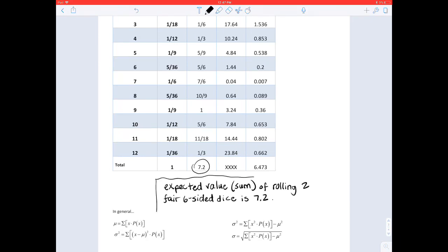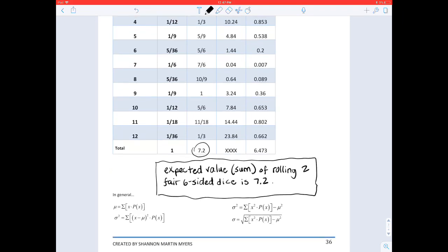So why do you think in craps a 7 is bad when you've got a bunch of chips on the table? Well, because that's the most likely roll over time, right? If you roll 2 dice a bunch of times and record the sum of the roll, and get the average of all those sums, you'll find it's going to be about 7.2.